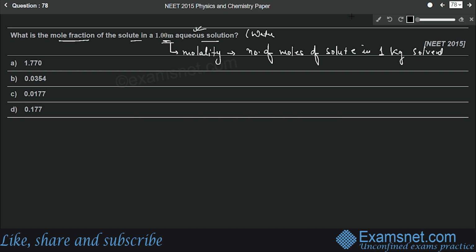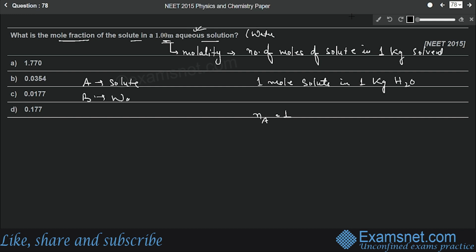So according to this we can say that there is 1 mole of solute in 1 kg of water. So we know that the number of moles of solute is 1. Let's say that A is solute and B is water.